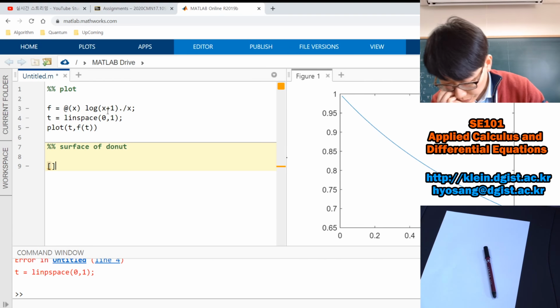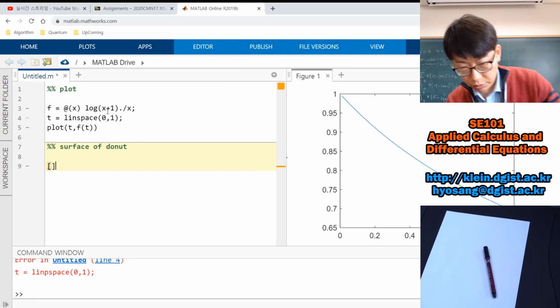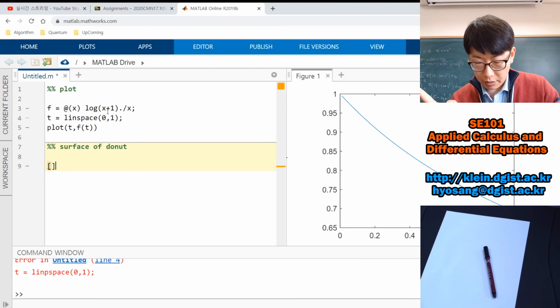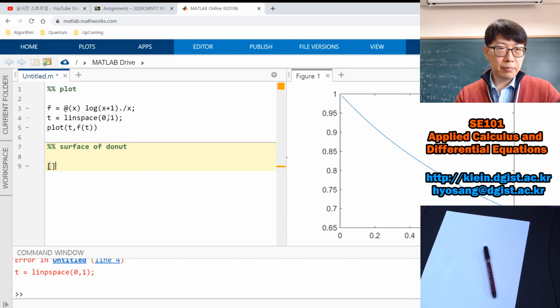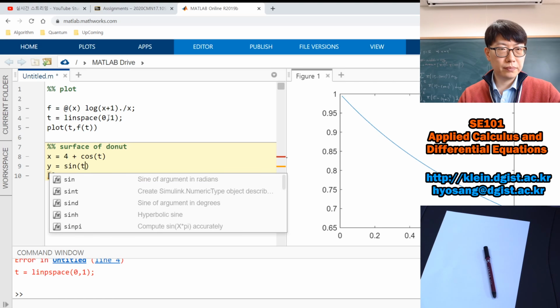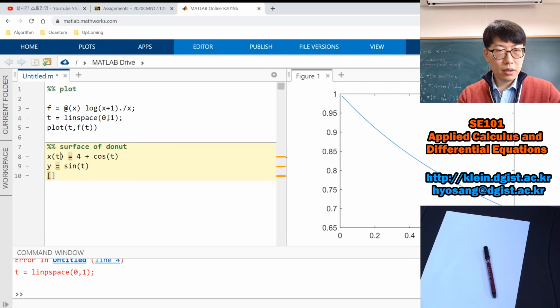So when you graph the surface of a donut, you need two parameterizations. The first one is the parameterization of t, where x equals 4 plus cosine t, and y equals sine t. So let me write it that way. We have x as a function of t, y also as a function of t.